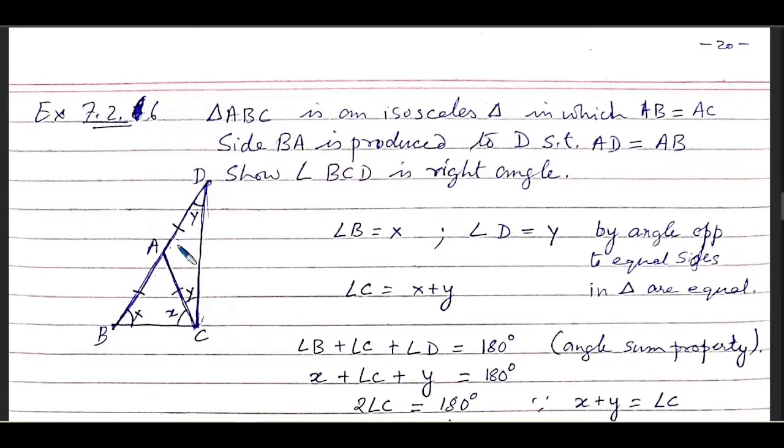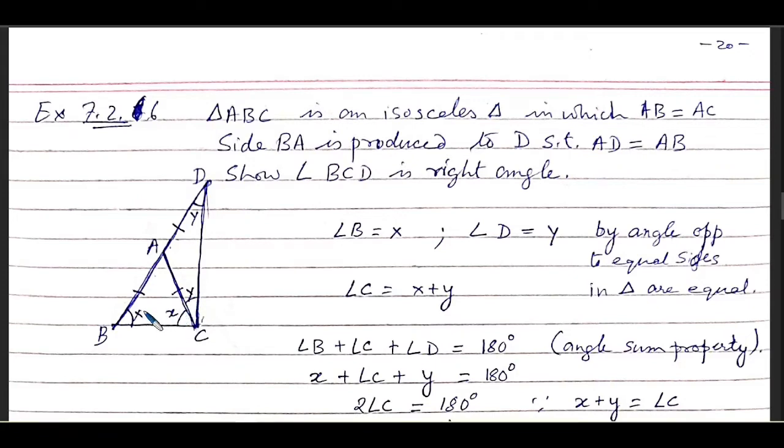So how will you go about doing it? See, here the sum of all the interior angles of a triangle is equal to 180. That we have proved. So what is the sum of all the interior angles? It is x plus y plus x plus y.